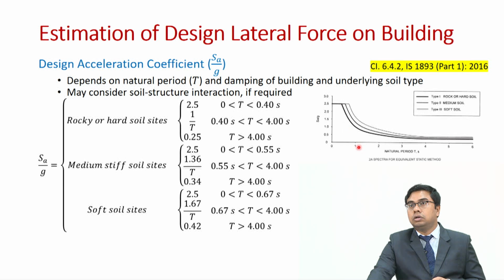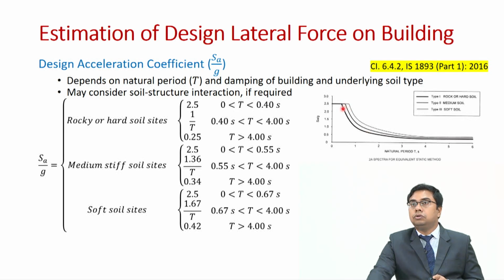Those curves are not given in the code because it has been assumed that these curves pertain to damping ratio of 5%. So if you have damping ratio which is different than that, then we have to use some multiplying factor. We are not looking into much detail about those multiplying factors in this course.